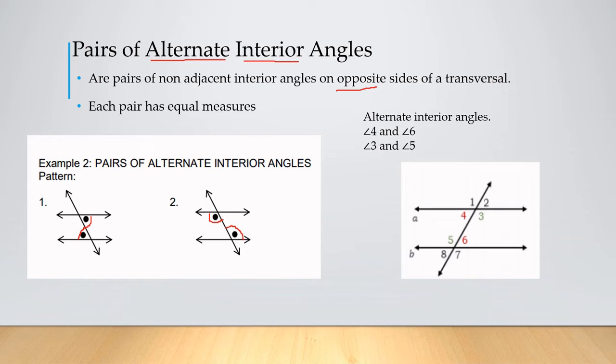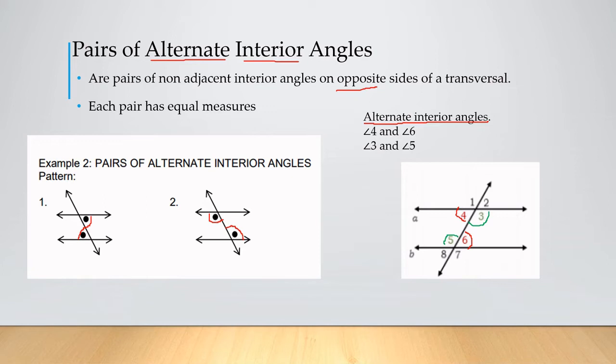Now, let us identify the alternate interior angles in this figure. We have angle 4 and angle 6. These are two interior angles on the opposite side. We have also angle 3 and angle 5.